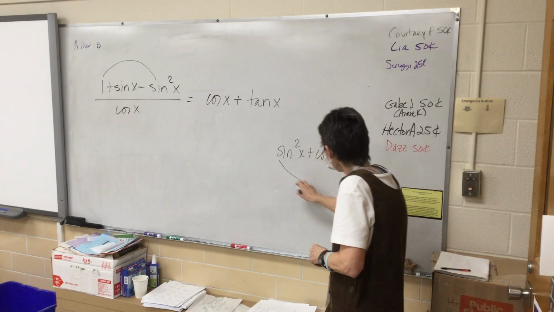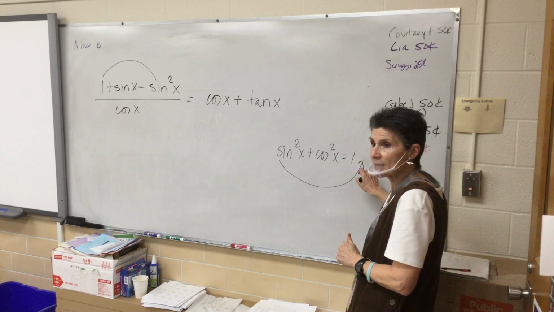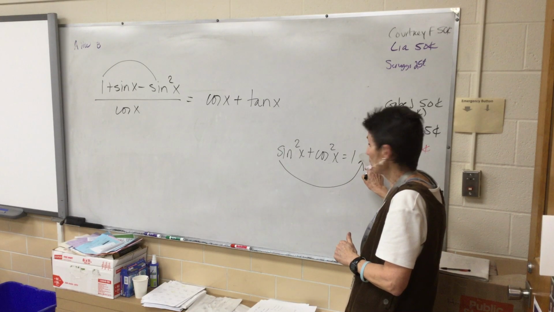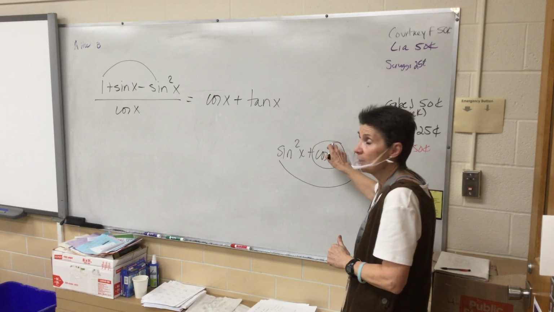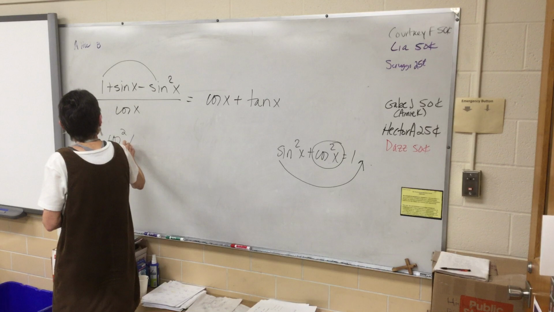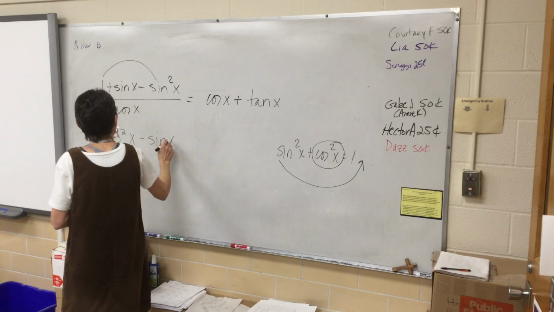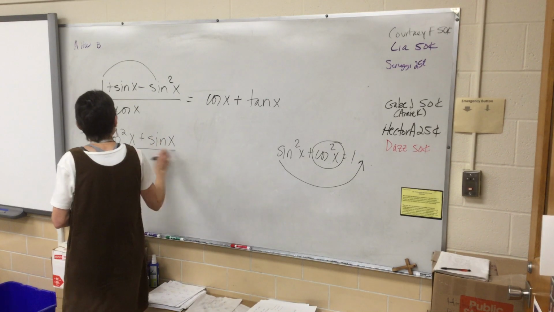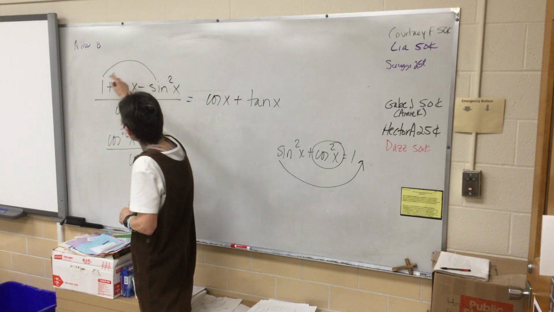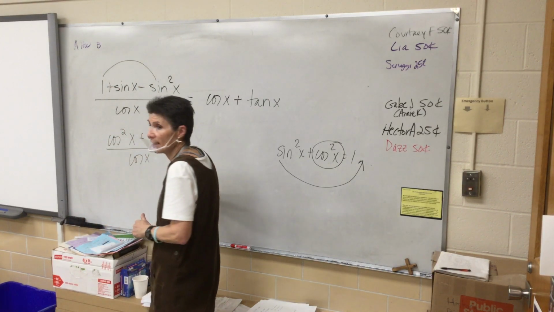If you subtracted the sine squared over to the side, you would have 1 minus sine squared. And what would that equal? So Jesus is saying, rewrite this as cosine squared minus sine, or plus sine, excuse me, over cosine. So these two make a cosine squared, then I have my plus sign.